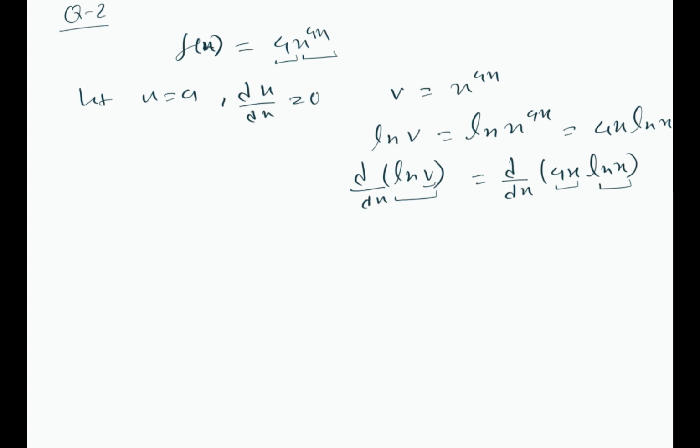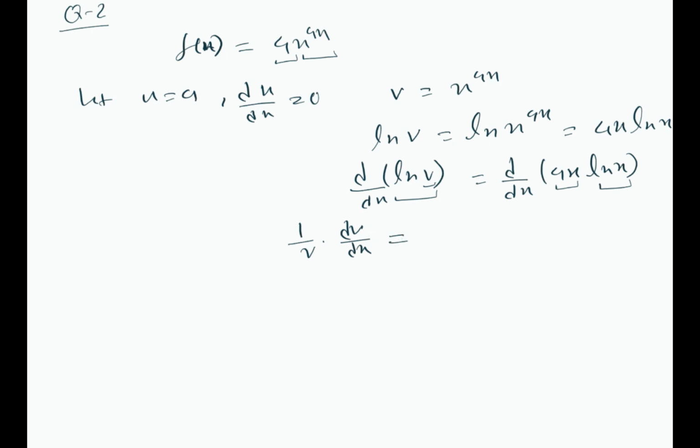On the left side, the derivative of ln of b is 1 over b, and since b is not x, we need to take the derivative of b again, so db by dx. Ln of x has derivative 1 over x, but here it is b, not x, so we take the derivative of b again.